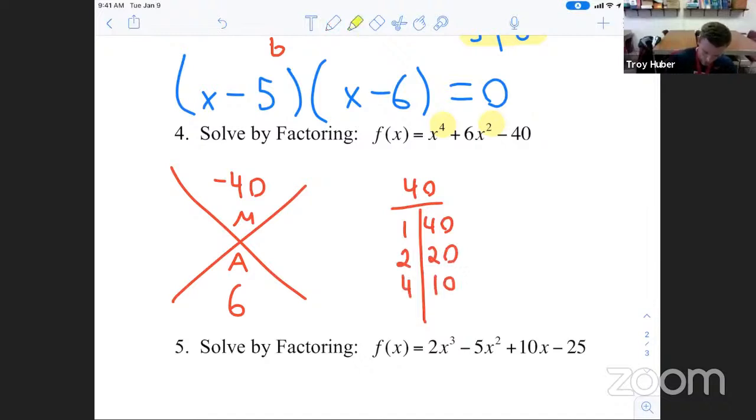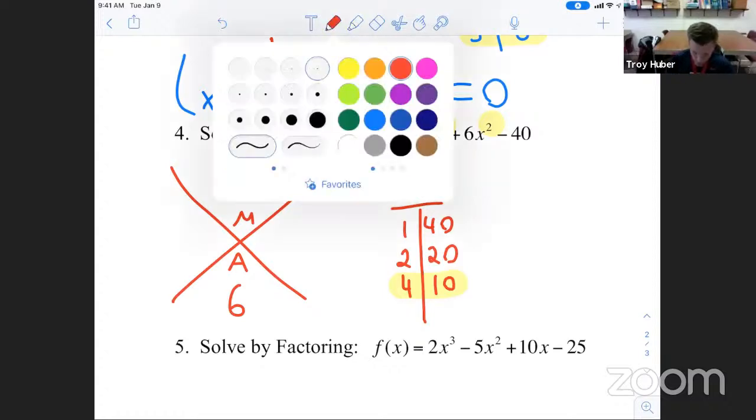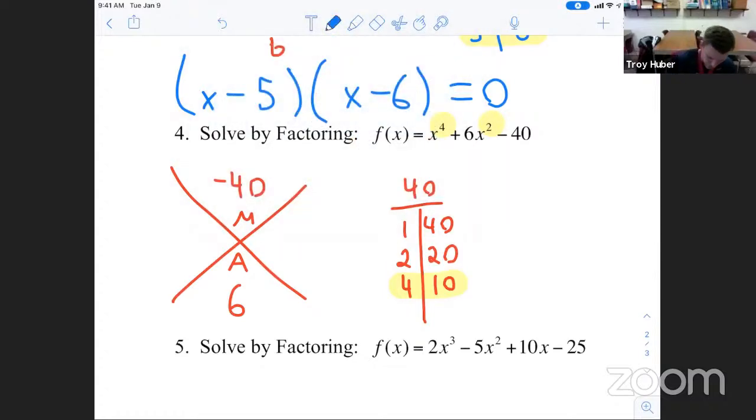Ooh, we could use 4 times 10, because if you subtract them, that would give you 6. All right, so let's put 10 and 4. Well, one of these has to be negative. Notice we want to add to a positive 6. So I'm going to make this 4 negative, because then it stays positive 6.